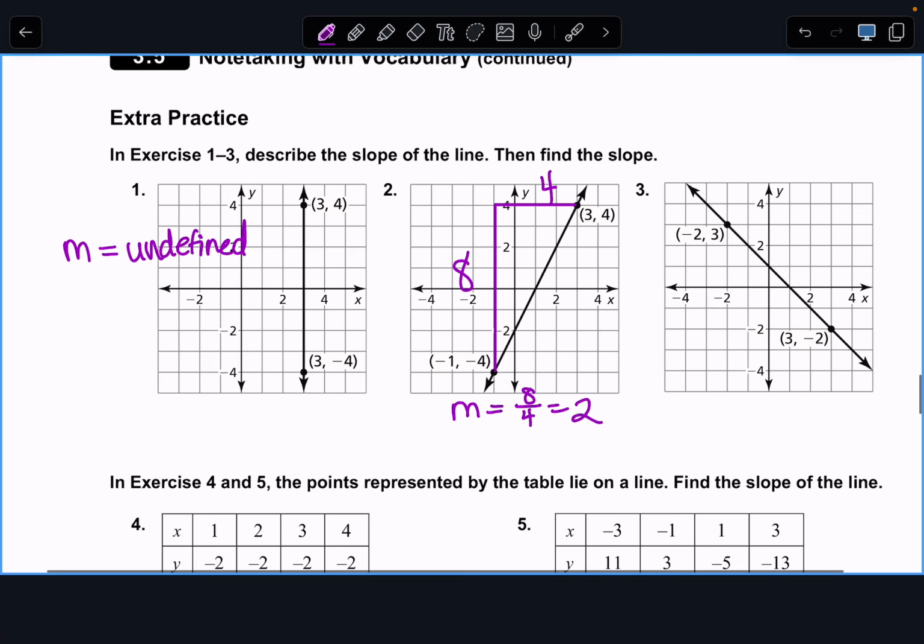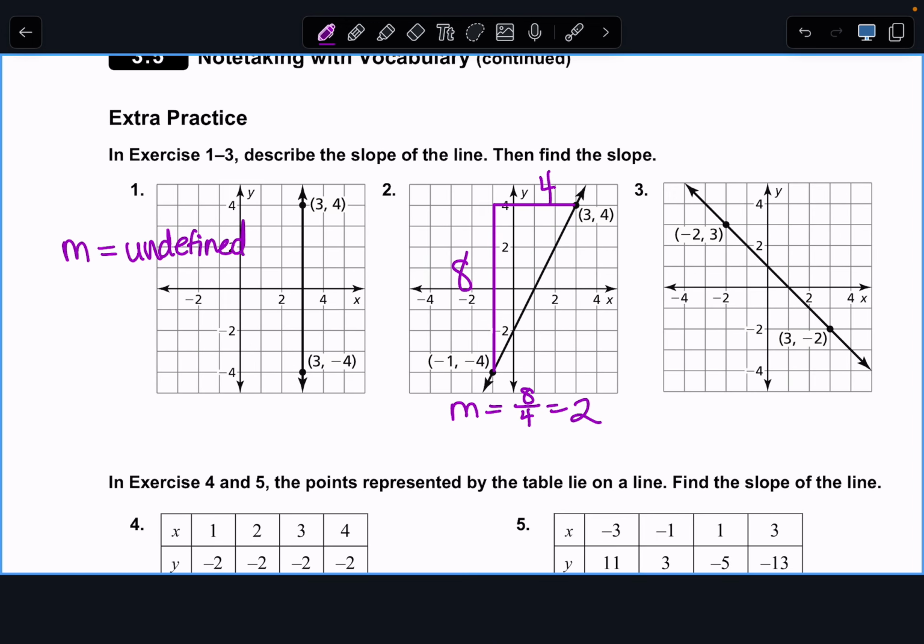Okay. Now, what about over here? If we calculate rise over run, how far do we fall? We fall down 5. We fall 5 and we run 5.